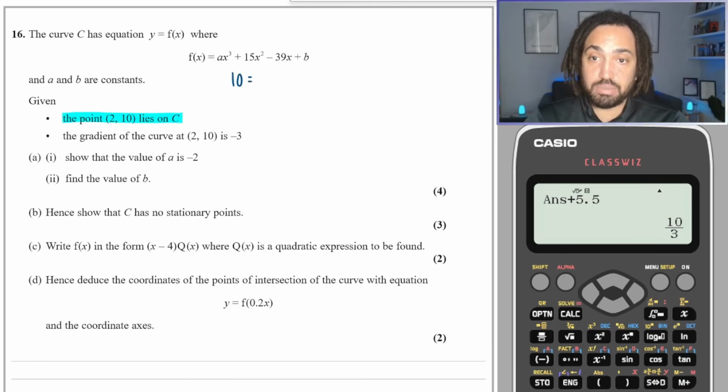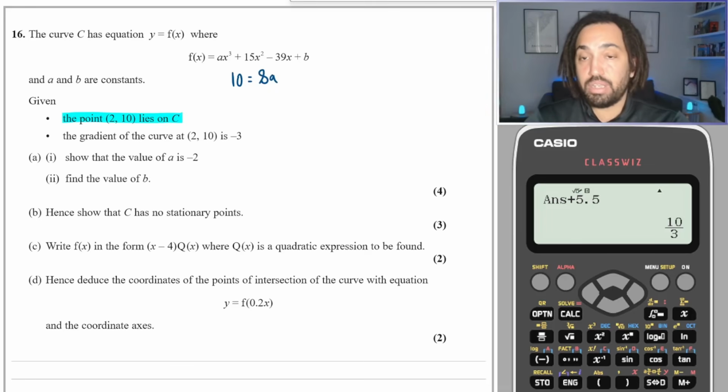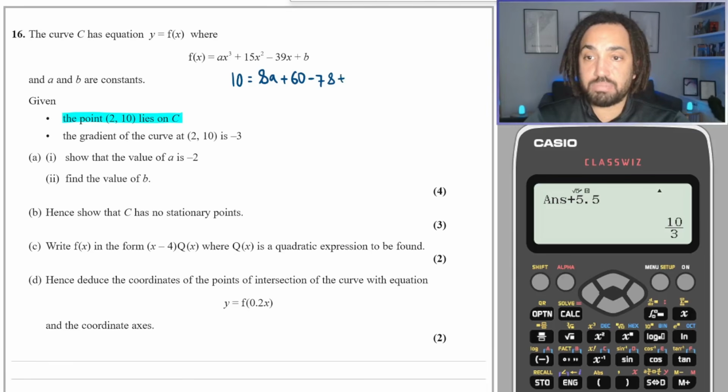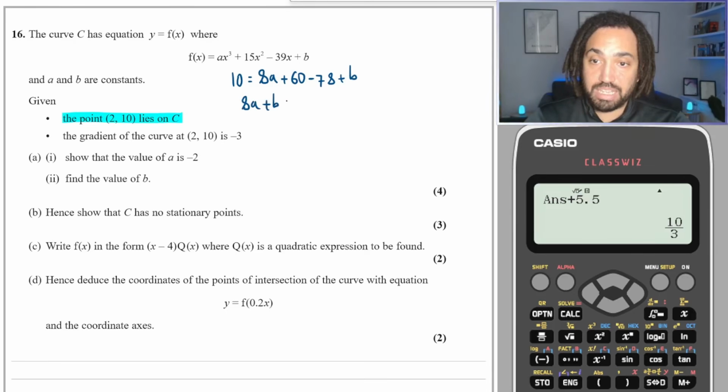So 10 is equal to a times 2 cubed, which is 8, so 8a. 2 squared is 4 times 15 is 60, minus 39 times 2 is 78, plus b. So this means that 8a plus b is equal to 28.